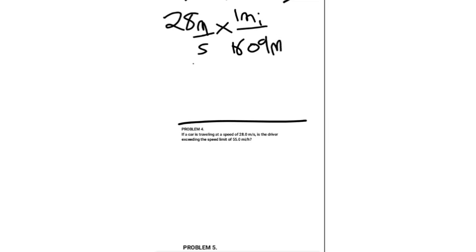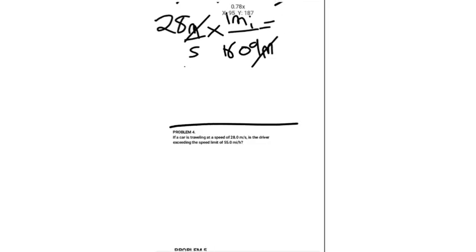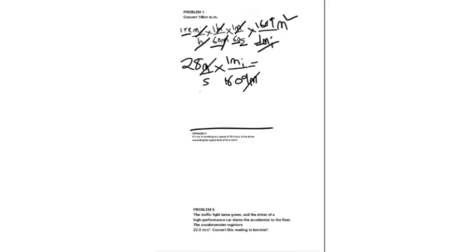So we are just going to cancel this meter and this meter, of course. So in this case, we are just going to have 28 multiplied by 1 mile. Of course, it's simply 28. Okay, so it's simply 28 miles over here, this is the second, right?